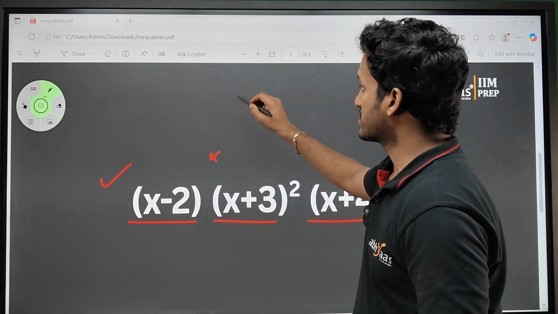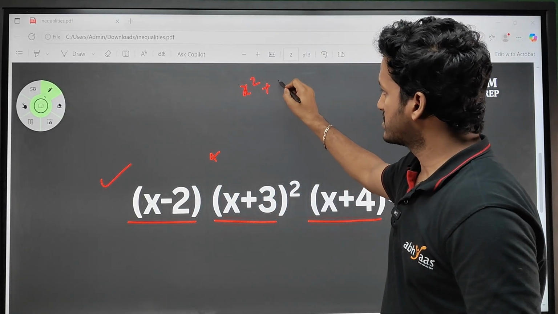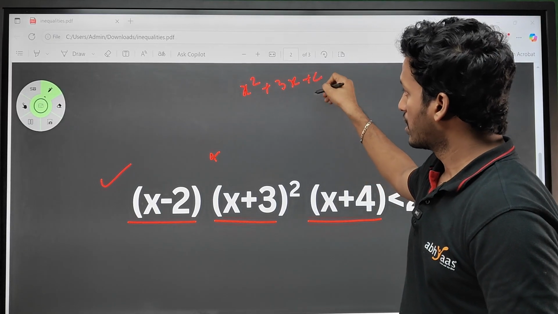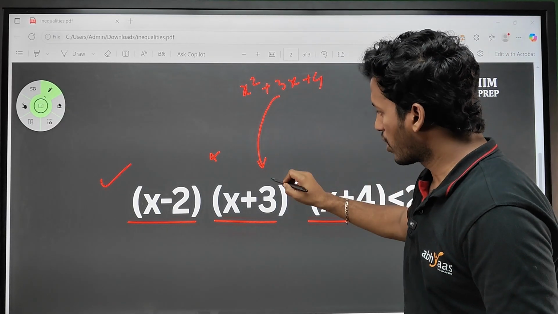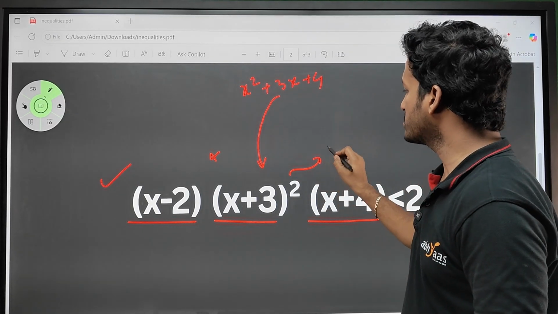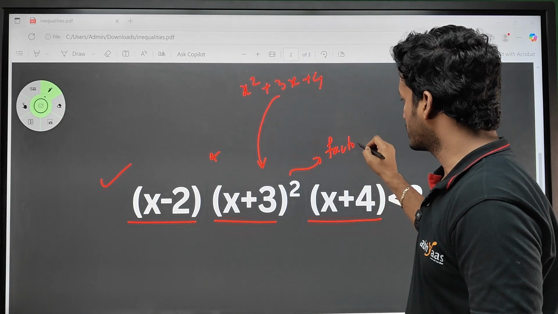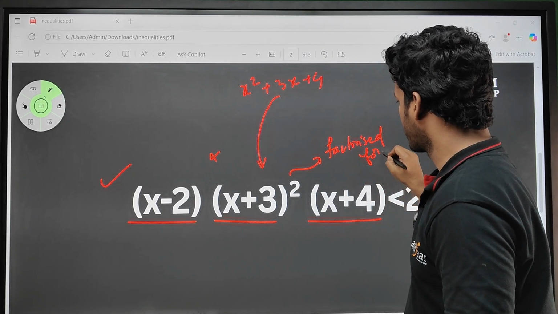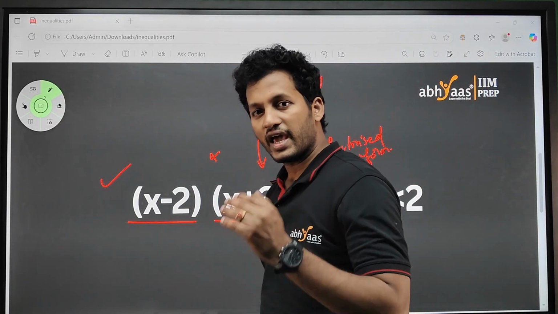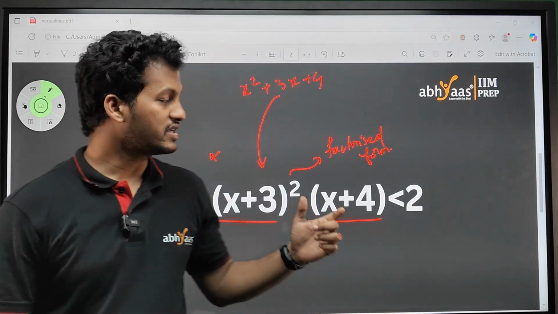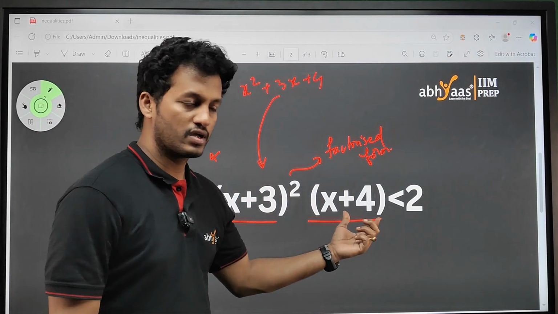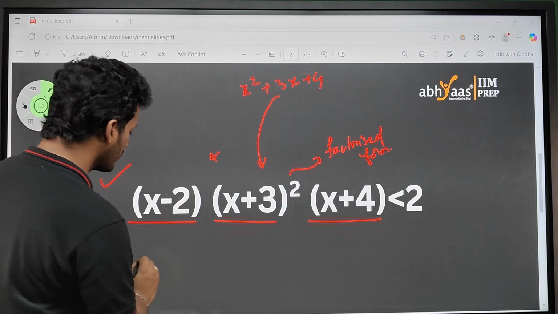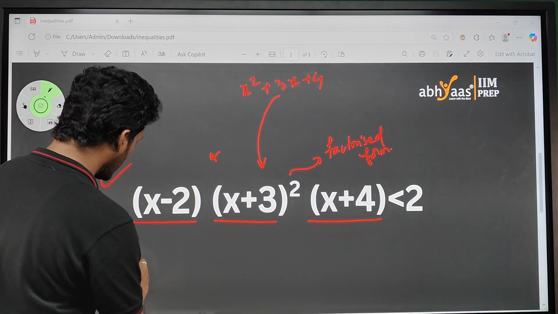What if it is more complex, like x square plus 3x plus 4? You have to convert it into this form. This is the factorized form of an equation. So when I convert a quadratic equation or a polynomial into factorized form, then I have to find critical points.